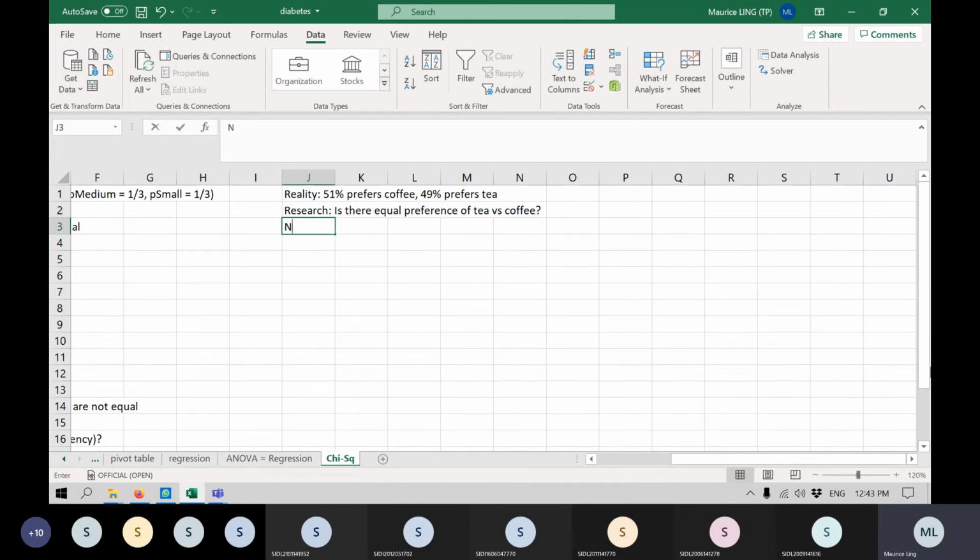Which means that my null hypothesis is that there is equal preference. The alternative hypothesis is that there is unequal preference.